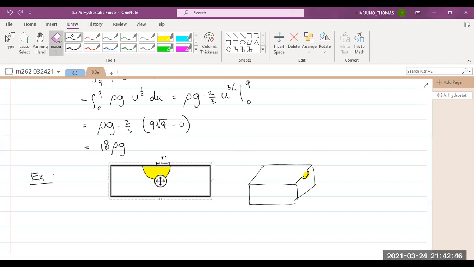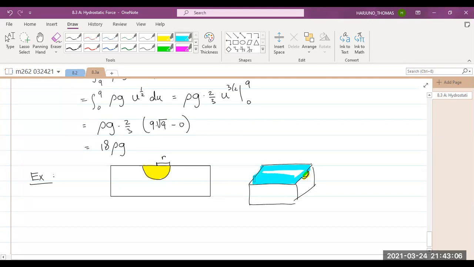So how much force is needed so that the cover stays in place? Otherwise the water will come out, right? Let's say this is full of water here. Then how much pressure, how much force is experienced by that yellow door, yellow cover, before it actually moves and the water leaks?